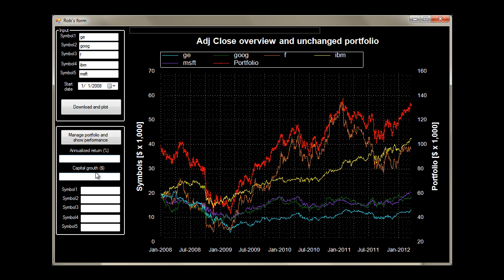That needs to be displayed here. And then we see symbol 1 through 5. Well, what I also need here is, for symbol 1, what was the percentage growth rate? How much did it make, average annualized return? How much did General Electric? So we would list that there. Google's number 2. What's the average annualized return for Google? Ford is number 3. What's the average annualized return for Ford? And I need those to be displayed.